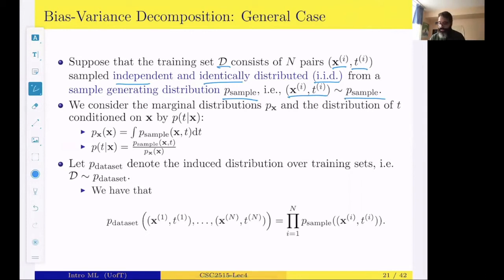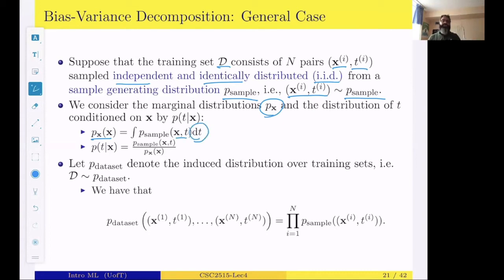One notation we require is that we can talk about distribution over X's, so marginal distribution, and also conditional distribution of target T, conditioned on X. So P of X is the marginalization of P of sample, which is a function of X and T, over dT.